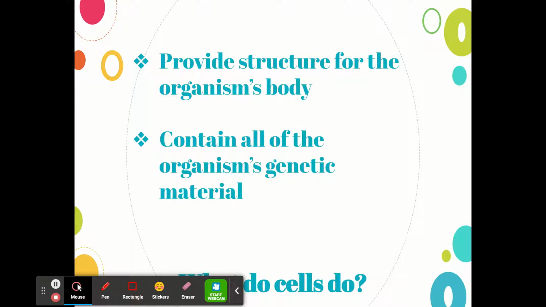Okay. Another important thing that cells do is they contain all of your genetic information. So, all of the instruction booklet, the code for who you are, is in that genetic material, in the DNA, deoxyribonucleic acid. The DNA holds the genetic code for the organism.